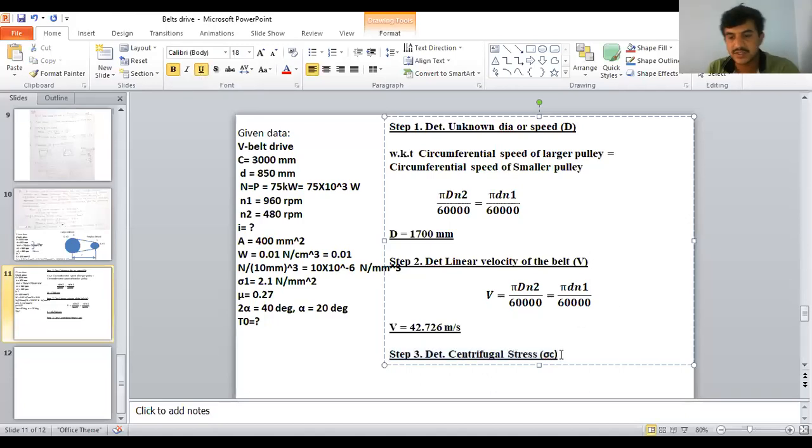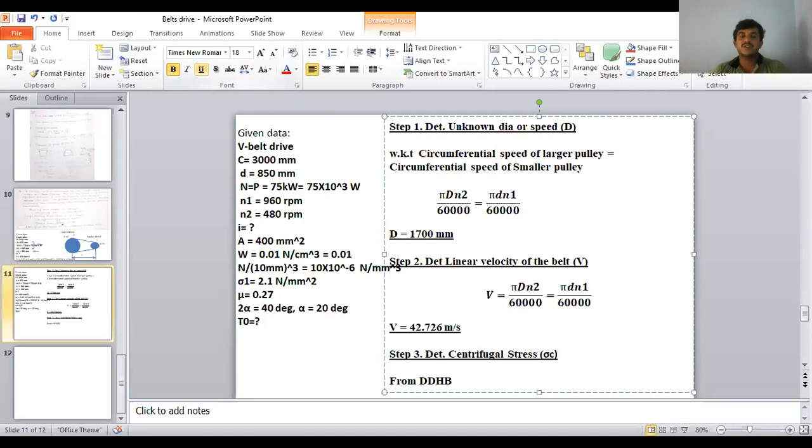How to determine centrifugal stress? As you know, from the design data handbook, sigma C is equal to W V square by g.